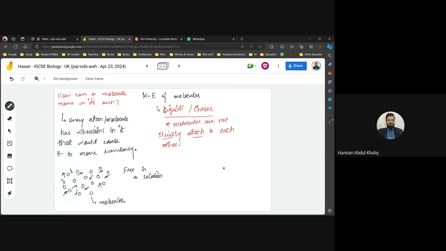Comparatively, if you talk about a solid compound, all the molecules have a very particular distance from each other and they are very strongly bonded to each other.